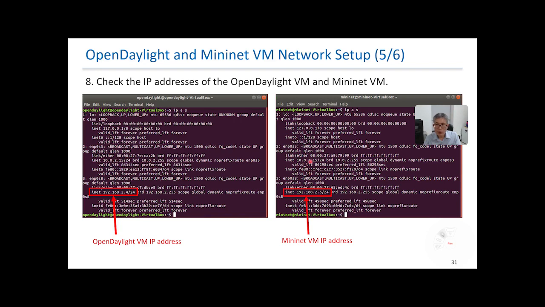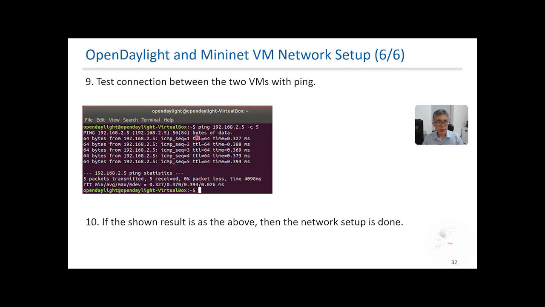Also, this is the OpenDaylight virtual machine, and this is the Mininet virtual machine case. With the command ip -a -s, this is the Mininet IP address. Then test the connection between the 2 virtual machines with ping.